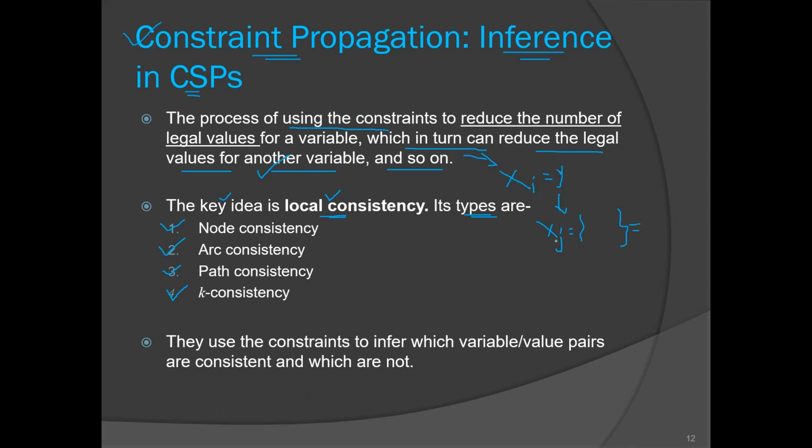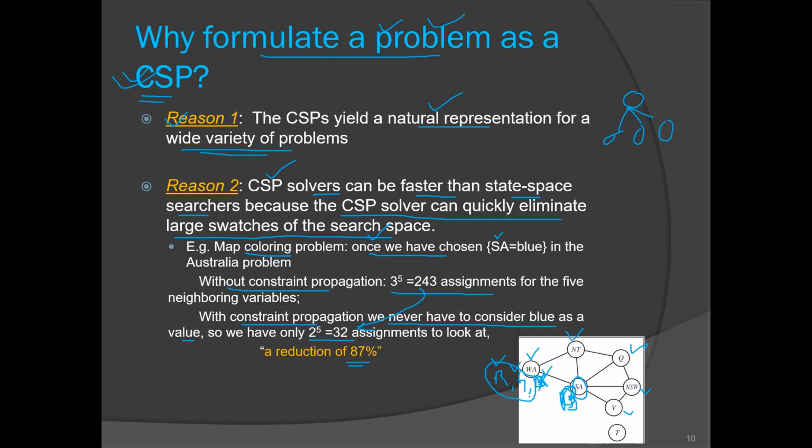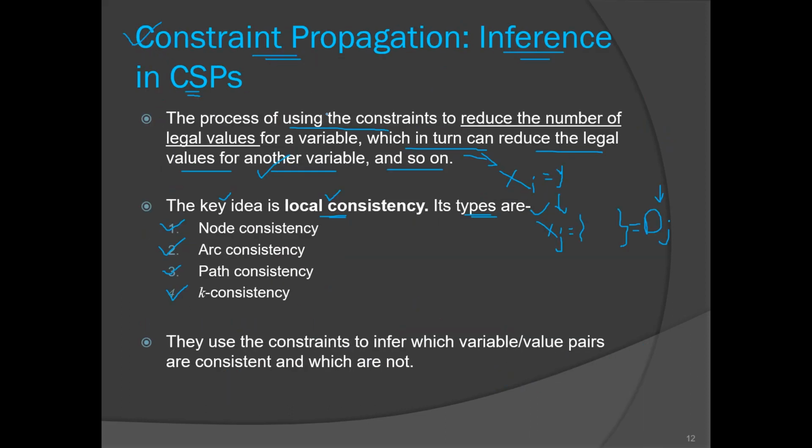Xj has a domain Dj, and its domain is reduced. In the graph coloring problem we saw it had 3 values in the domain, but because of constraint propagation it now has 2 values. So constraint propagation means you reduce the domains of next variables. Remember that.